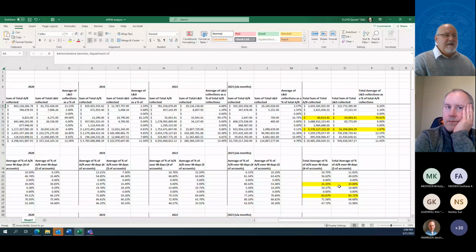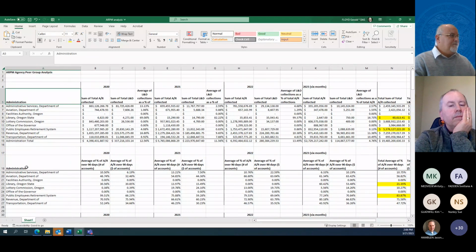What you're seeing here with these highlights is the administration group. You can see the list of agencies that are designated here. One is the collections aspect. The other is the percentage of the AR that's over 90 days. This does not mean that it is a liquidated account.